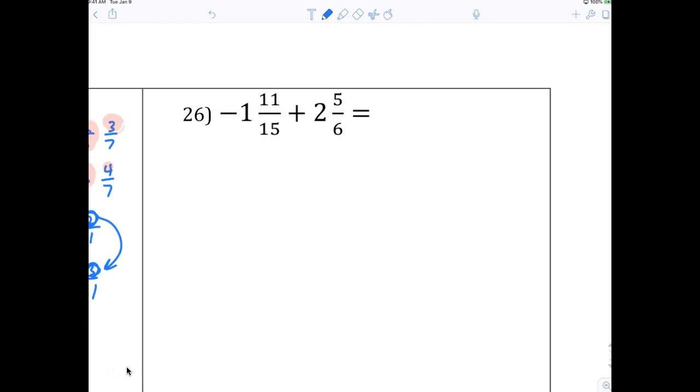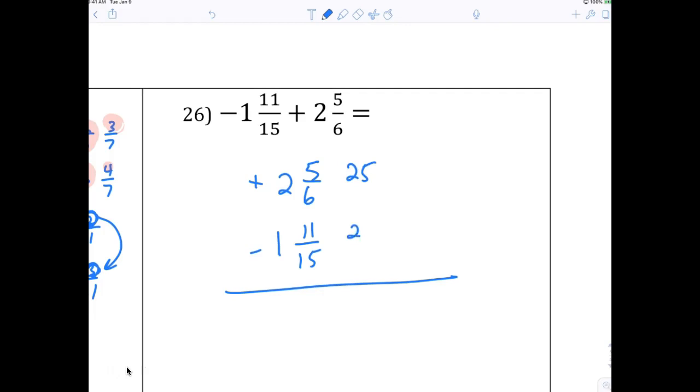Well, let's get a common denominator first, right? So I'm definitely putting 2 and 5 over 6, and I'm putting 1 and 11 over 15. So the common denominator is 30, right? So this would be 25. No, that looks like we've done that problem already. I forgot to change it. So do I have to borrow?